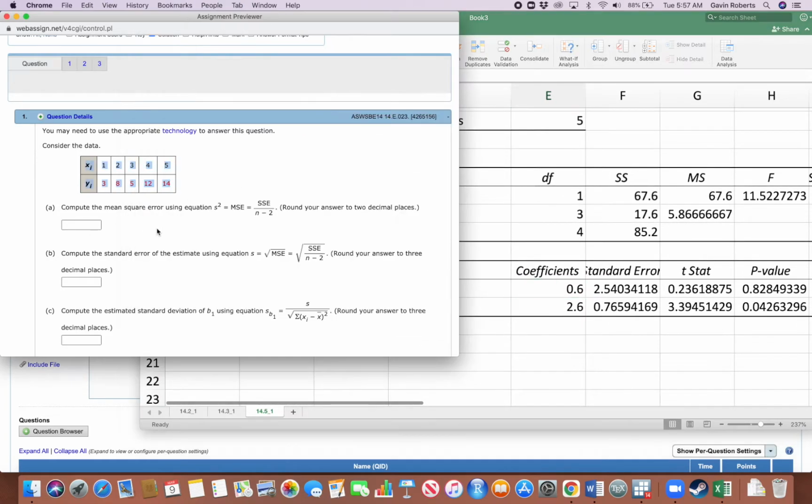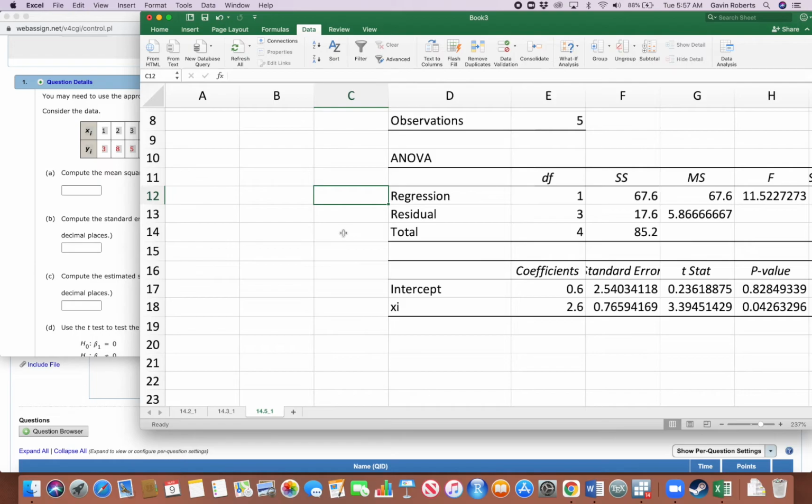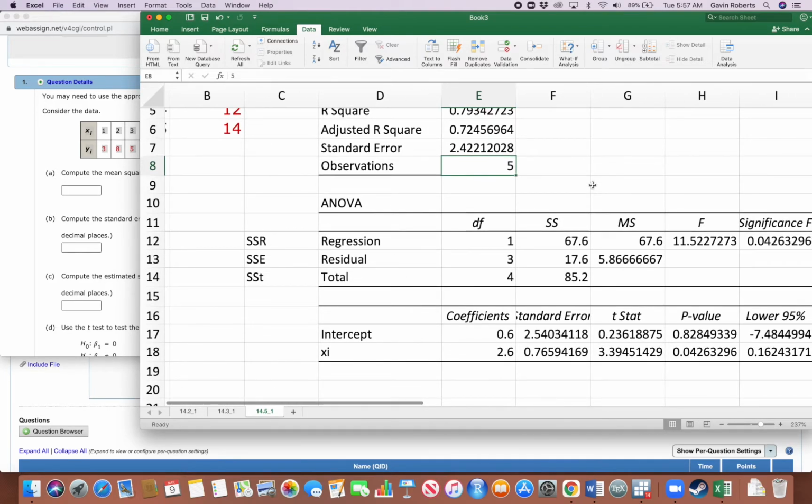Now let's take a look. They want the mean square error, so MSE. It says it's going to be that SSE divided by n minus 2. So remember, what did we have over here? This was SSE, this was SST, and this was SSR. Notice observations right here, this is n.